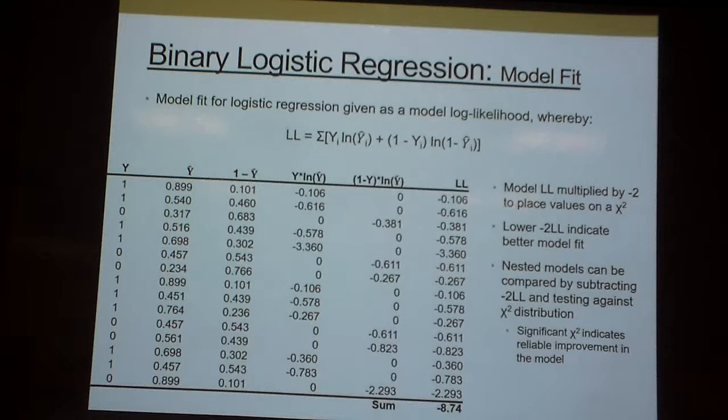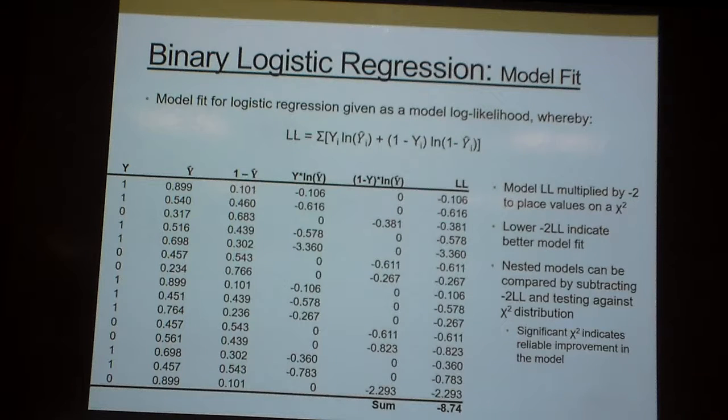So if I had a continuous or a dichotomous outcome, I might test my full model with my 2 interaction variables in there, and then I would estimate a base model with just the 3 direct effects, the 3 first-order effects. Then I would take the -2 log likelihood from the model with all 5 predictors and compare it with the -2 log likelihood of the model with just the 3 predictors.